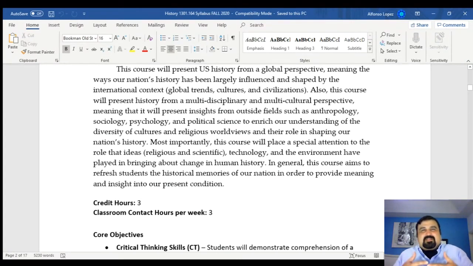The 13 colonies, or the United States, is not detached from the rest of the world.